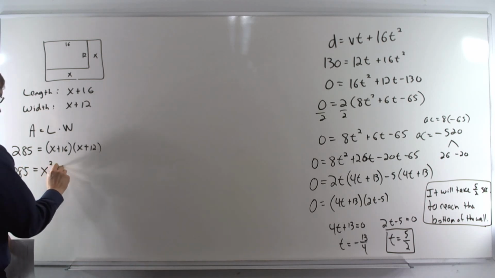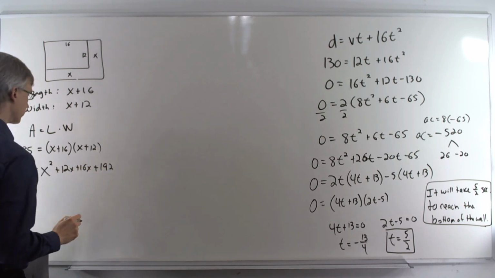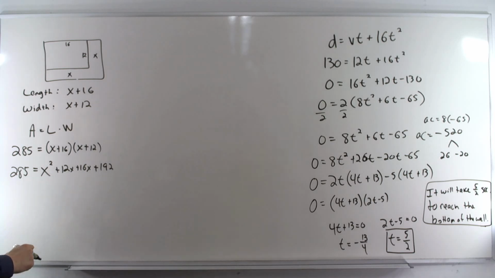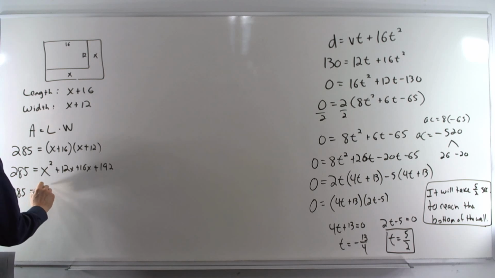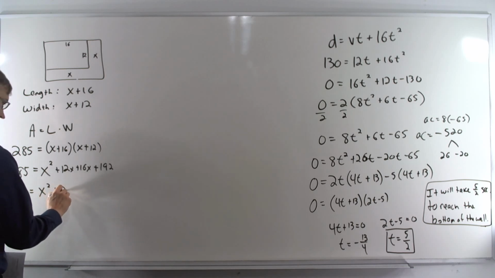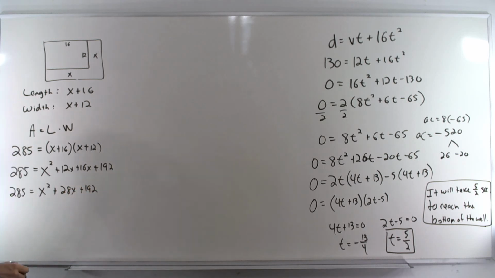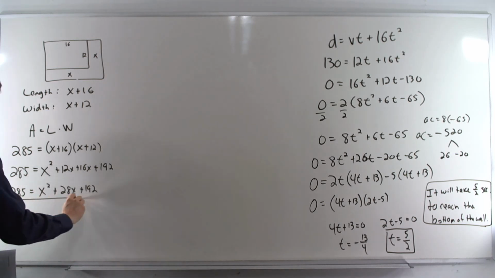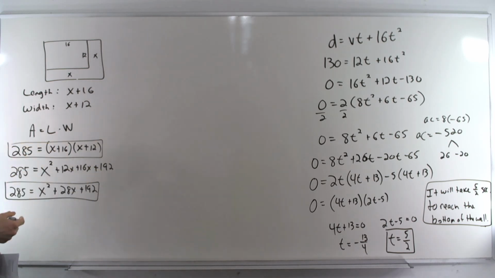X squared plus 12x plus 16x plus 192. Combine like terms. X squared plus 28x plus 192. It does not ask for standard form or anything, and doesn't say to simplify, so any one of these versions would be fine to put in for that.